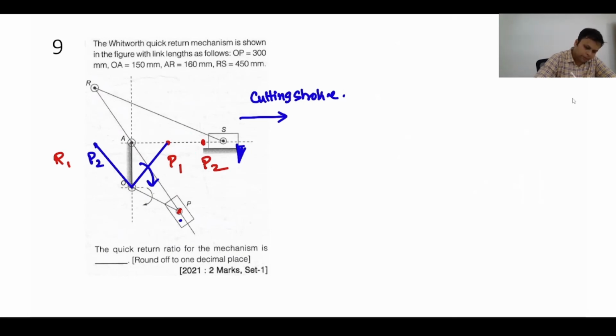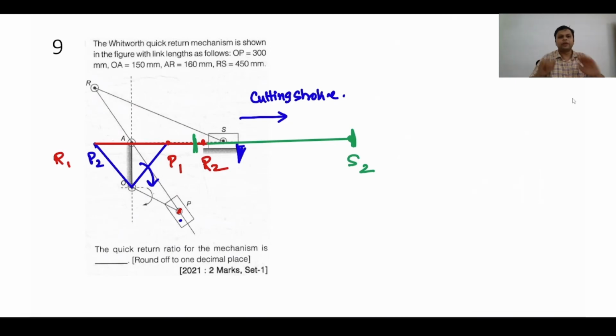So when the point P is here, this will be the position of R2, right? And thereafter you will have the position of S. So it started from here and it will reach here. So this is the end of the cutting stroke. So the ram will start from here and it will reach here.